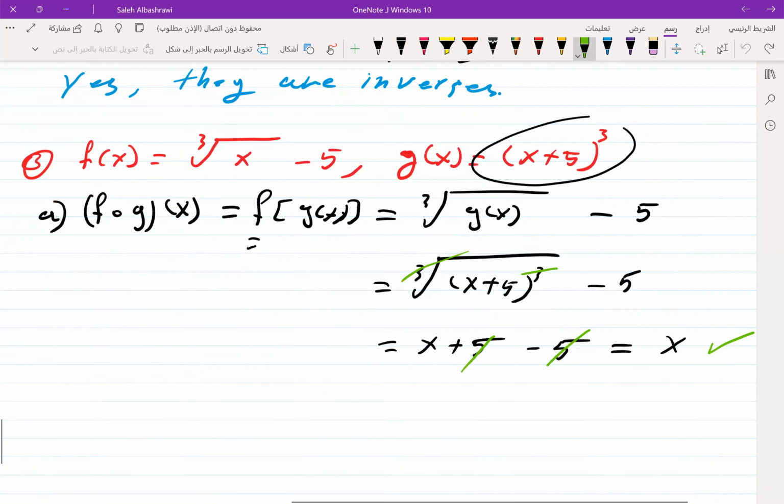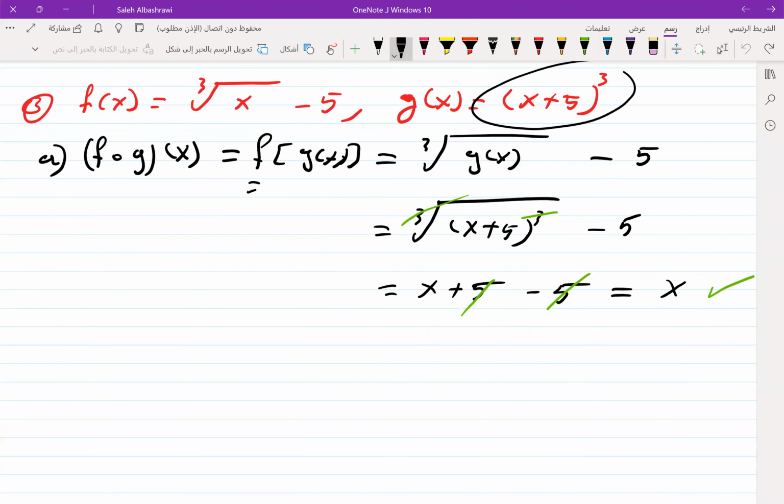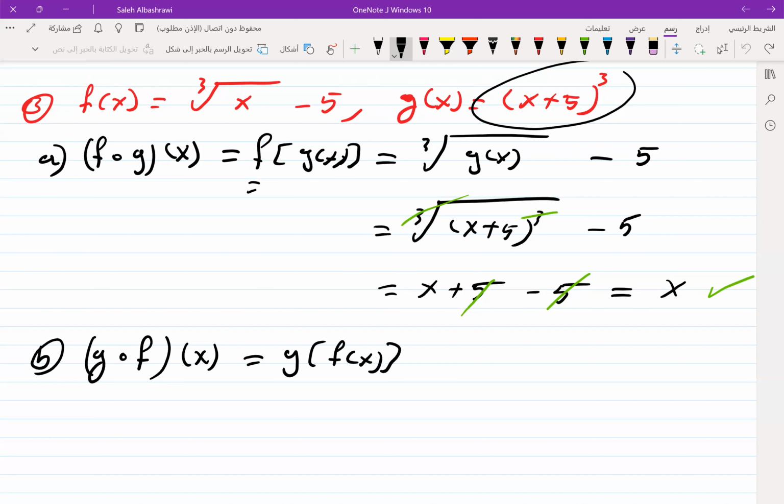Now the second condition is find g composite f of x, which is equal to g of f of x. Replace any x in the function g by f of x, which gives f of x plus 5, all to the power 3.